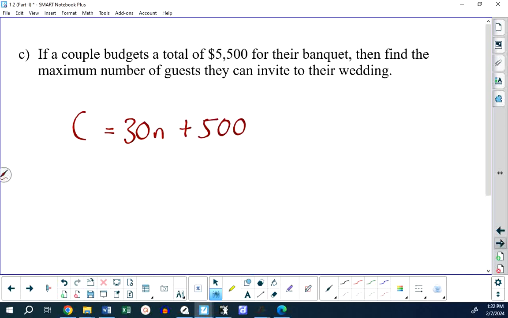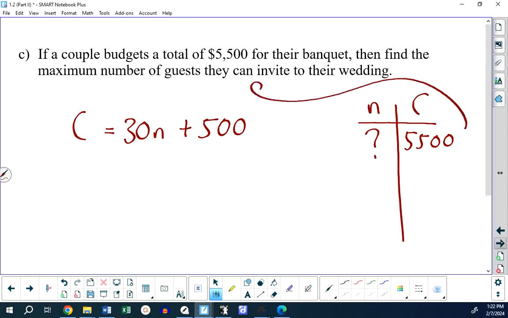We're still going to use the equation, but this time we know the cost and you're trying to find n. This is found in the same way. You take this number and you feed it in where it belongs in the equation. It's just that it's more work to calculate what the other variable is.